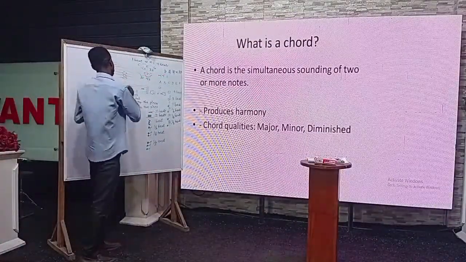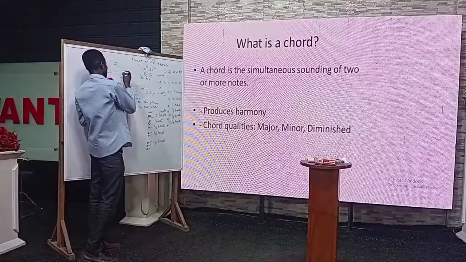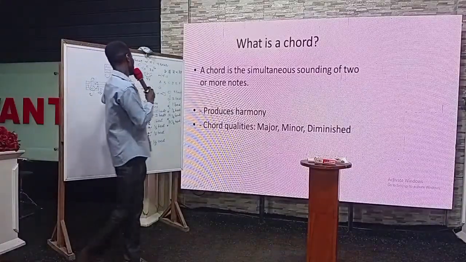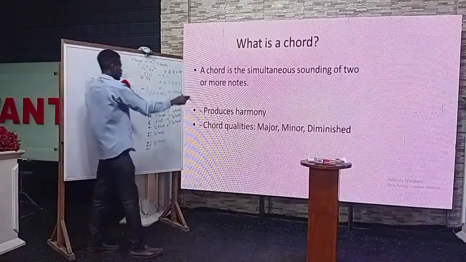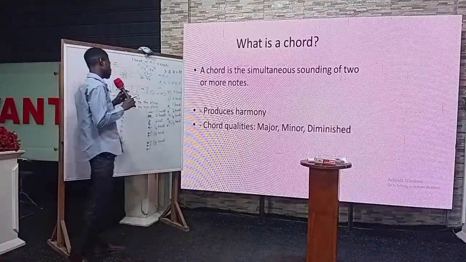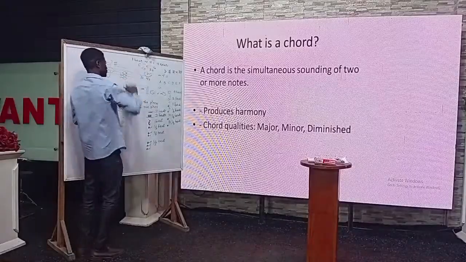Then we have a minor triad, Do, Me, So combined together. That is an example of a minor triad. Then we have a diminished triad.